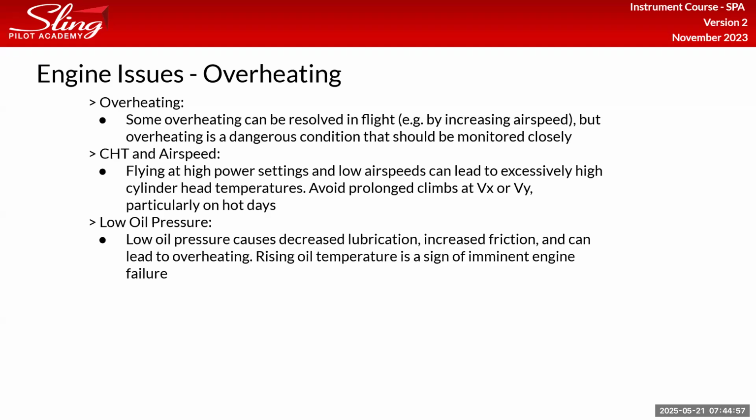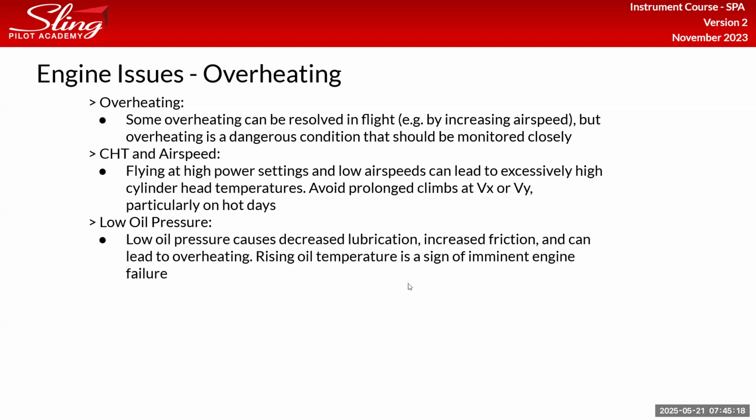So flying at high power settings and low airspeeds can lead to excessively high cylinder head temperatures. Avoid prolonged climbs at VX or VY, particularly on hot days. VX is 65 knots, VY is 72. Low oil pressure, we already talked about that, causes decreased lubrication, increased friction, and can lead to overheating.